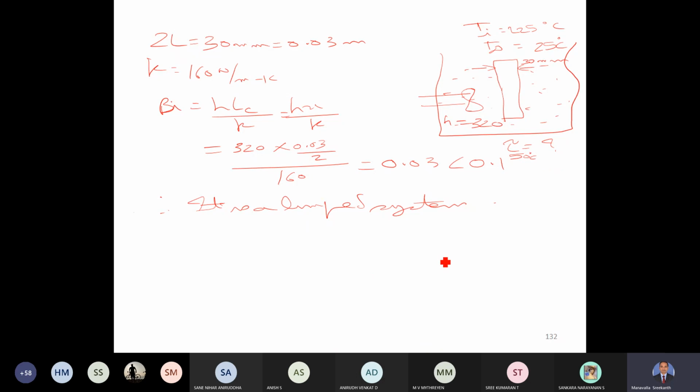So if you turn to page number 66 of the data book, we have all the data here. The equation is given: T minus T infinity divided by T naught minus T infinity is equal to exponent of minus hA by rho V c times tau.